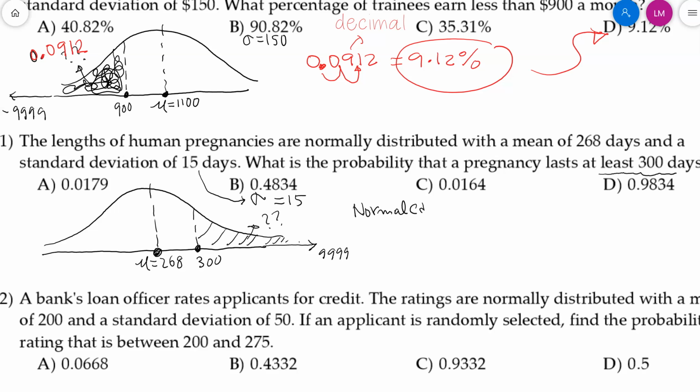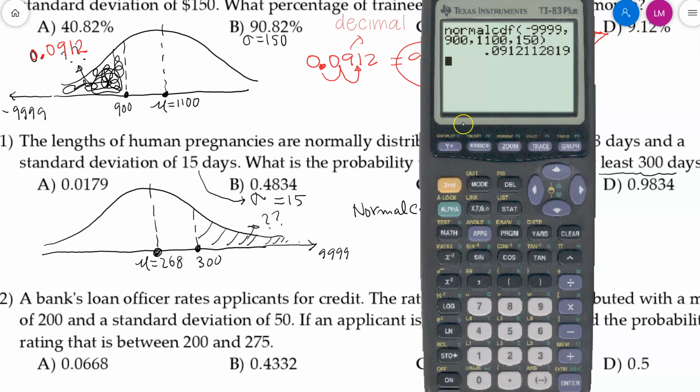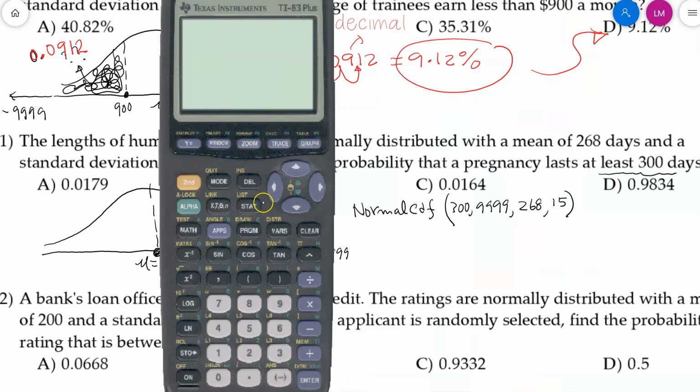Four numbers: 300, comma, 9999, comma, 268, comma, 15.